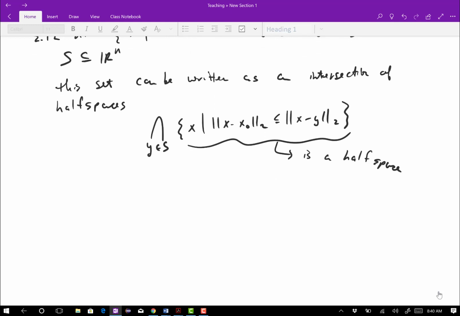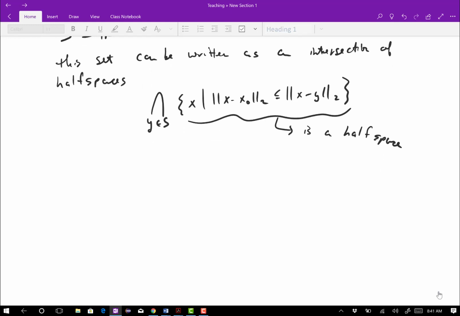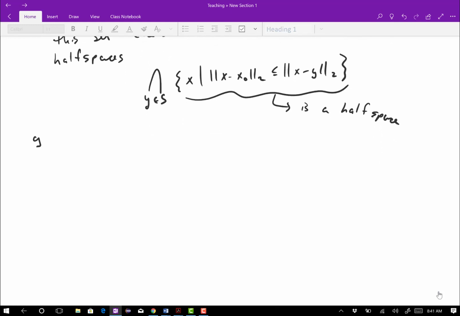Maybe let's look at one more. Let's look at letter G. So G says the set of points whose distance to a point a does not exceed a fixed fraction theta of the distance to b.